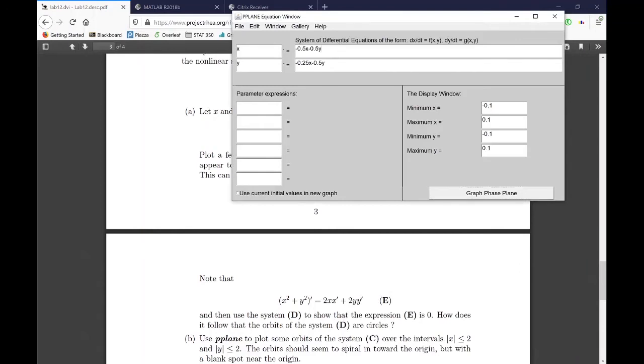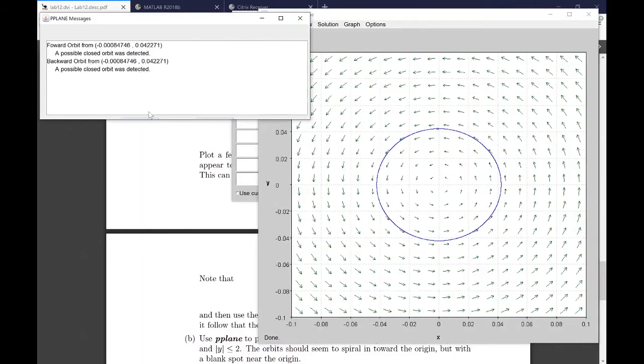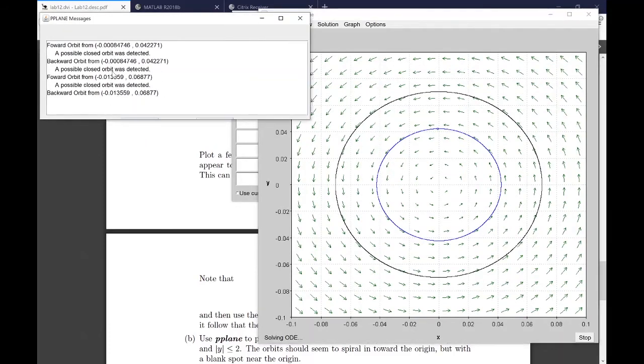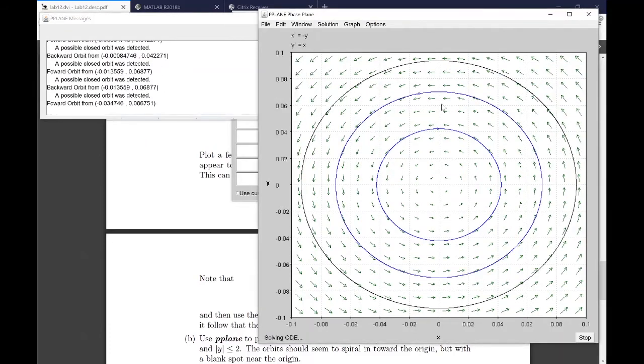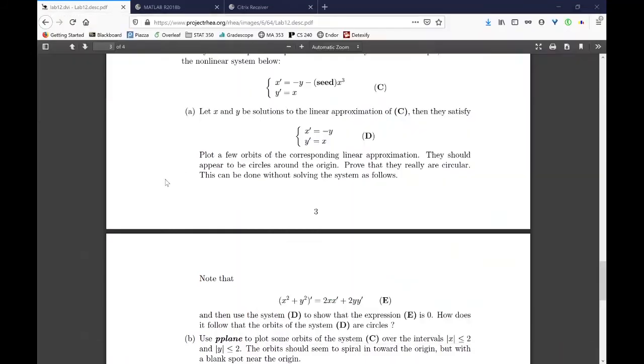We have x prime equals negative y, and y prime equals x, and I guess we can keep our bounds as is for now. And yes, you can see that p-plane is telling us that possible closed orbits are detected, which means that they really are circular. Now, how do we prove that they really are circular?